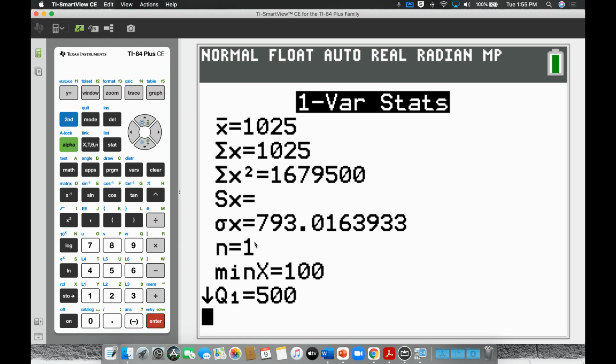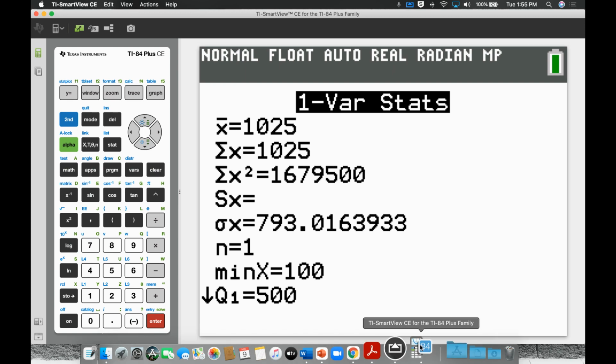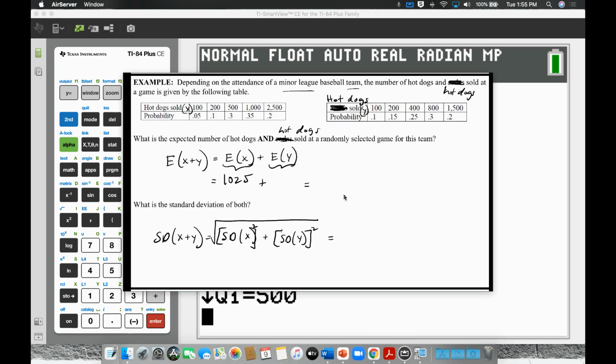What did you guys get for the second list? 680. All right. If I want to find the average of both lists combined, I just add up the averages of each. So total, you're going to get 1705 hot dogs.